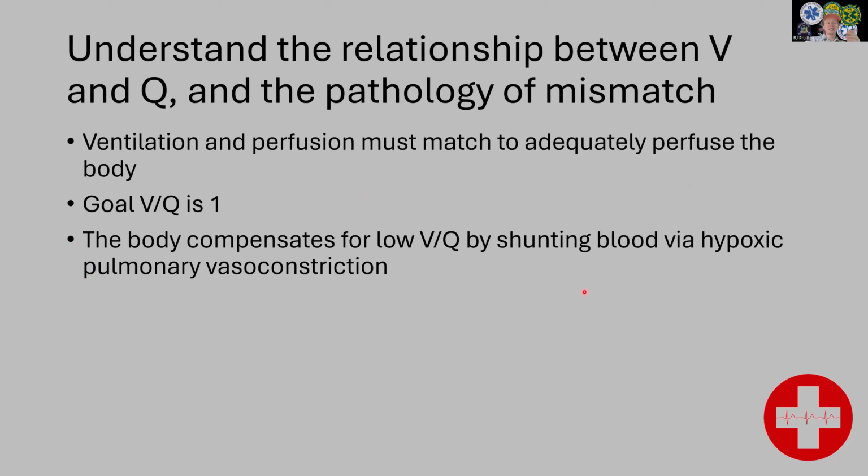The body compensates for low ventilation with good perfusion by sending less blood to that alveolus or that chunk of alveoli, so that when our ventilation comes down, we bring the Q down to match the V. And that process is called hypoxic pulmonary vasoconstriction. Another $10 science word.